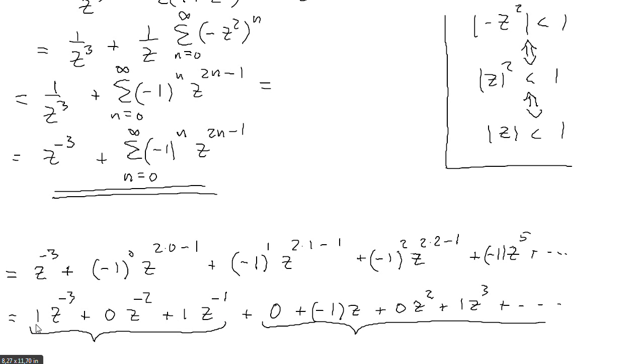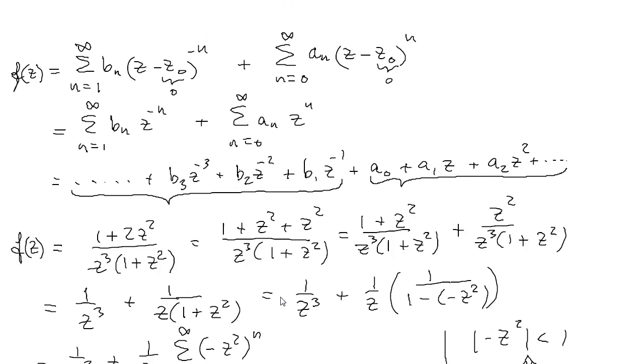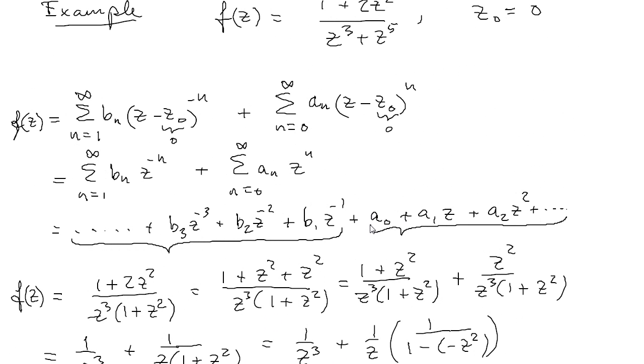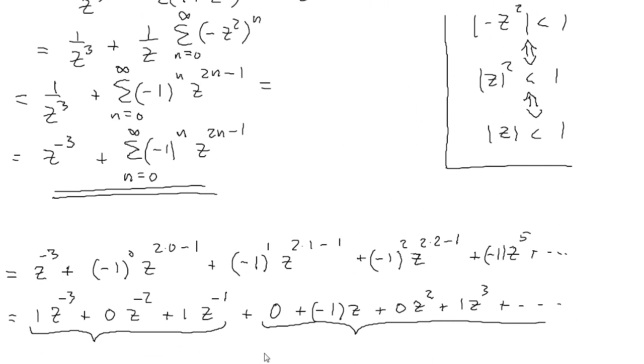So here we have all the terms in the principal part of the Laurent series. And continuing this, we obtain that the rest of this series starts with this term A0, which must be equal to 0 because we don't find any constant value here.